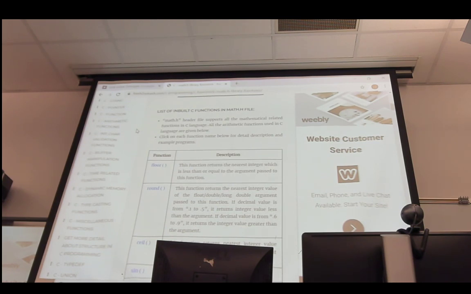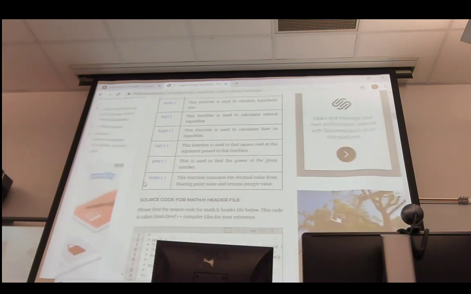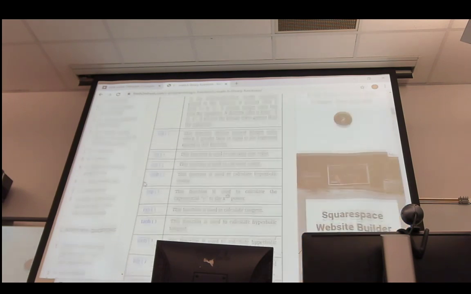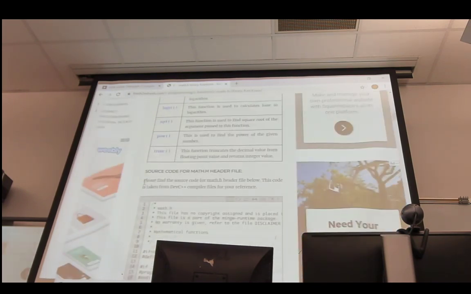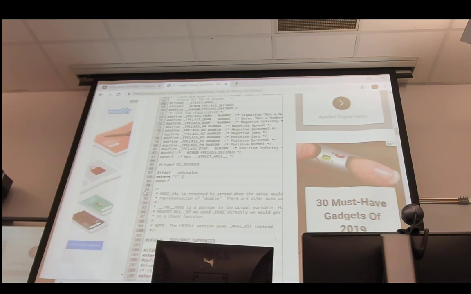If you need to find the area of a circle or a square, you can have a library that you create, and it'll do that after you ask it for the information. All right. So that's some of the functions of the math.h library.